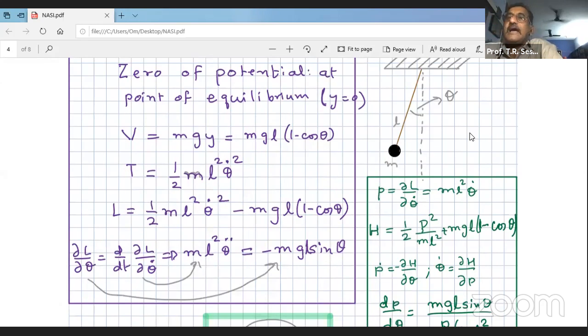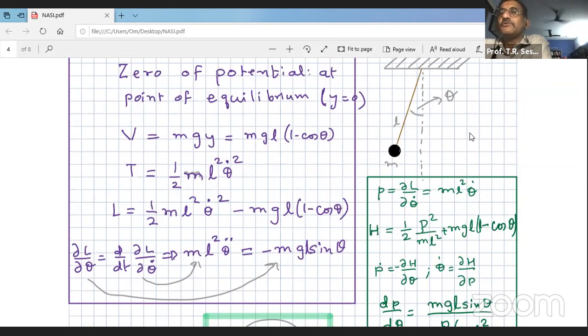So at the point of equilibrium, suppose the energy is taken as zero. So there I take y as zero, and the potential at any point is given by mg into y, because as the pendulum oscillates, the bob of the pendulum increases in height.